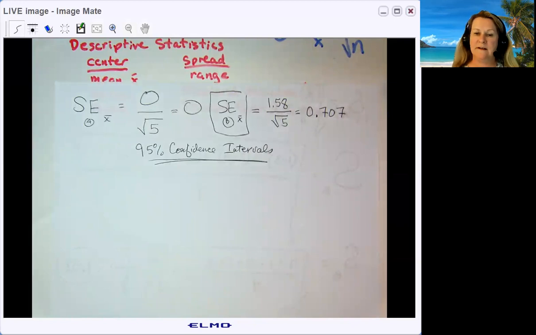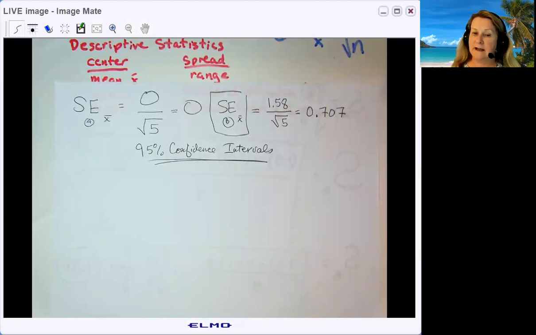What a 95% confidence interval means is that if you repeat an experiment 100 times, 95 of those 100 times, or 95% of the time, the mean is going to fall within that interval. One more time, a 95% confidence interval means if you repeat an experiment 100 times, 95 of those times, the mean will fall within that interval.